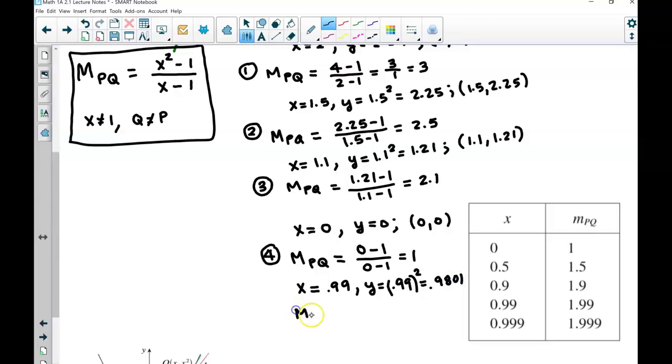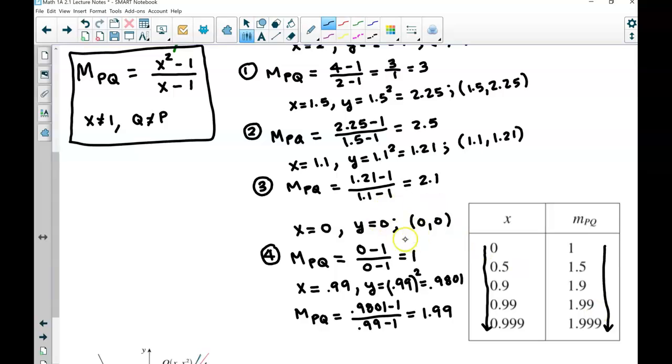Now again, finding the slope of that, you get 0.9801 minus 1 over 0.99 minus 1. And then that's going to give you a slope of 1.99. So what it's saying here is that as x, which starts at 0, gets closer and closer to the value of 1 on the left side, the slope is eventually becoming 2.